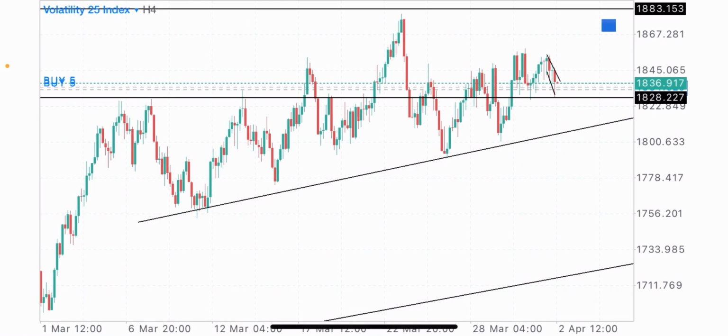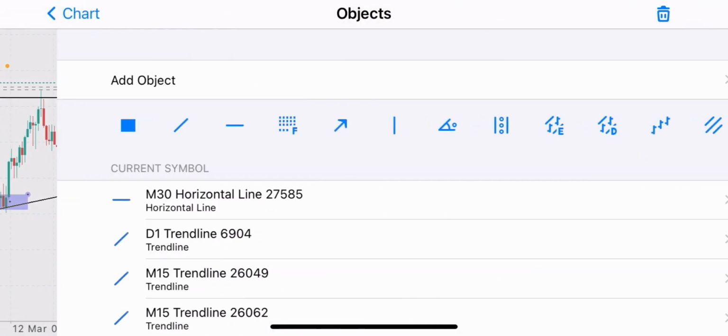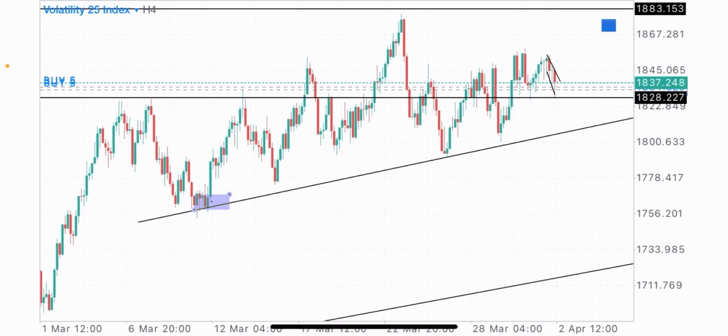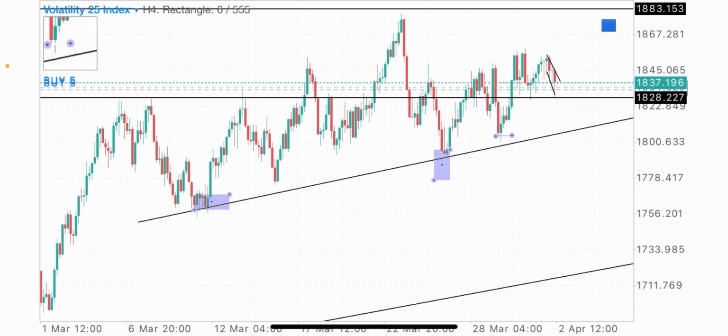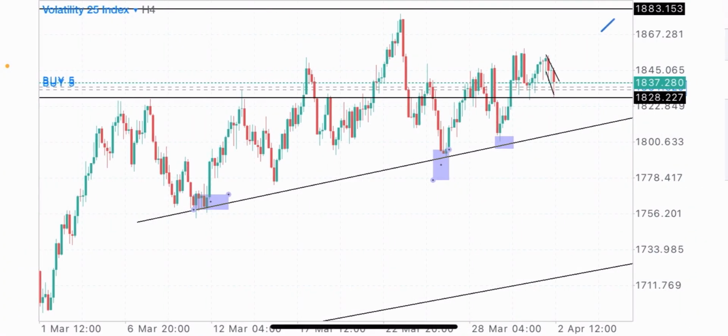So you notice we have this touch here, and the next touch is higher than the previous one, and the next one is even higher than the previous one. So that proves to us that the market is pushing to the upside.